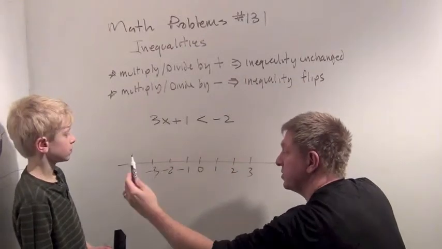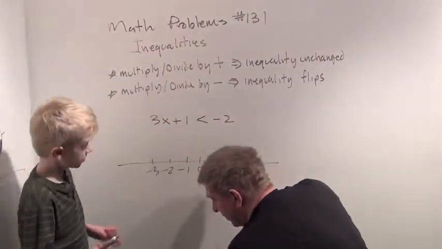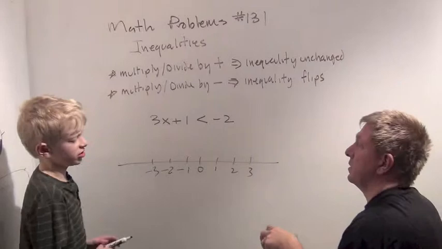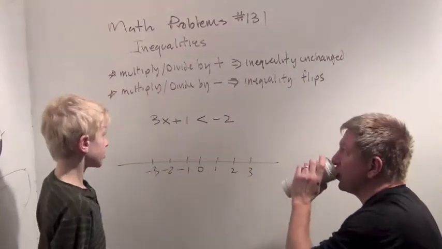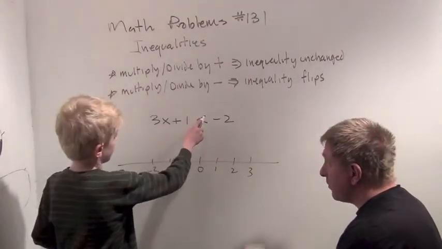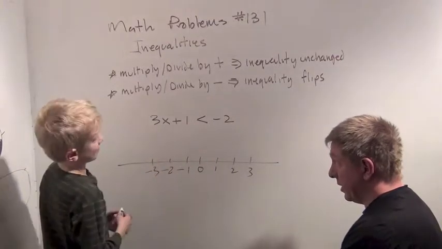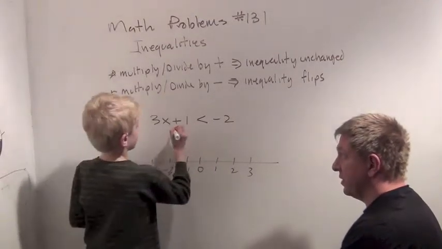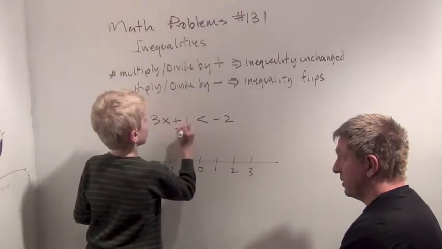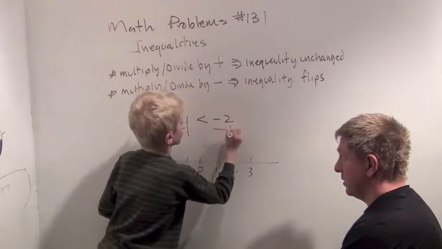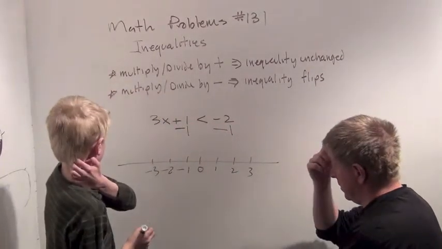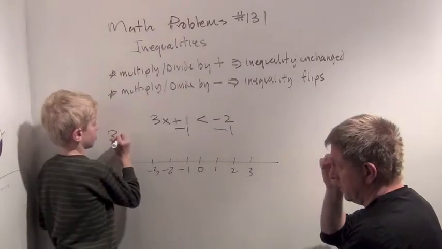How would you approach solving this inequality? Well, we could try the linear equation method, except that we keep this symbol. What's the first thing you want to do? You want to get the variables and the integers on one side.